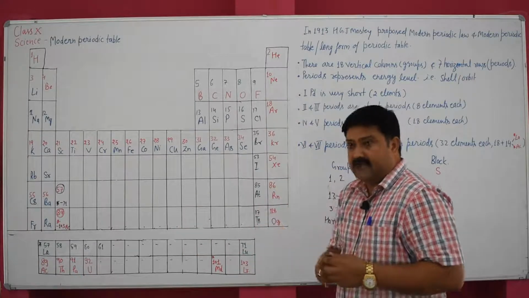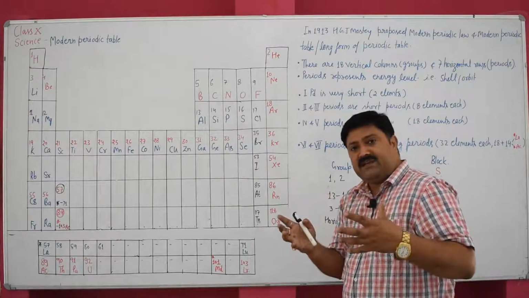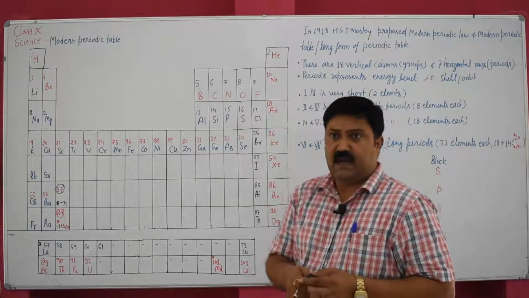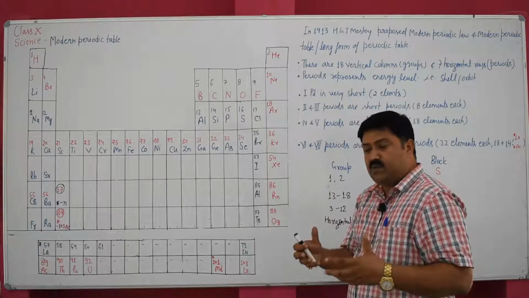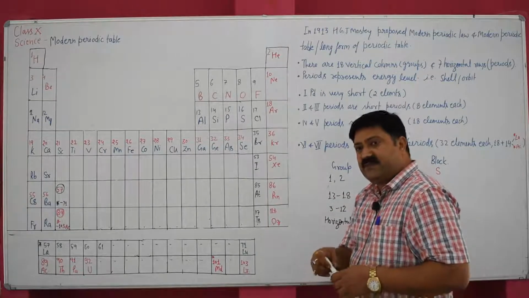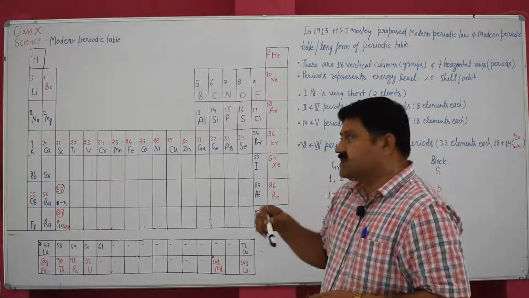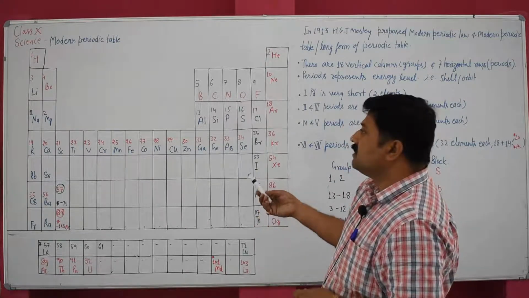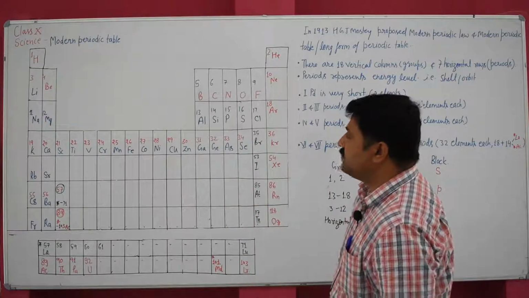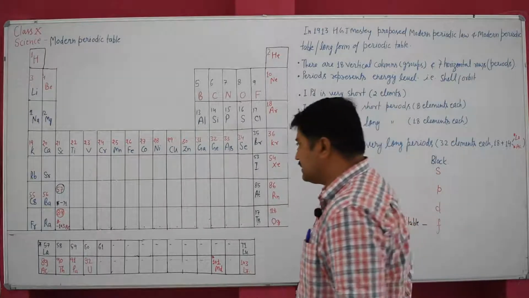He told that atomic number is a more fundamental property than atomic mass, and atomic number, which is the fundamental property of an atom, should be the basis of classifying the elements. So Moseley started grouping the elements on the basis of their atomic number, not on the basis of atomic mass.